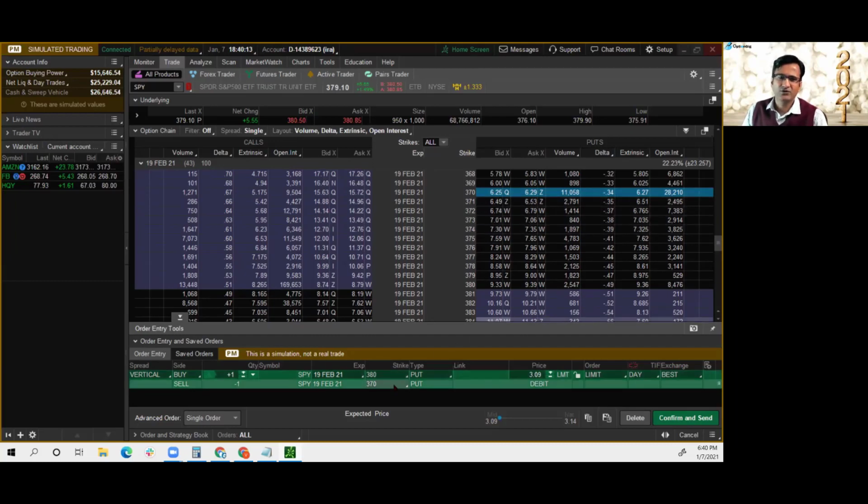Because my expectation is it won't fall more than $10. If I want to protect all the way up to $20, then I'll pay a little more for protection. Now I'm protected for a fall up to $20.